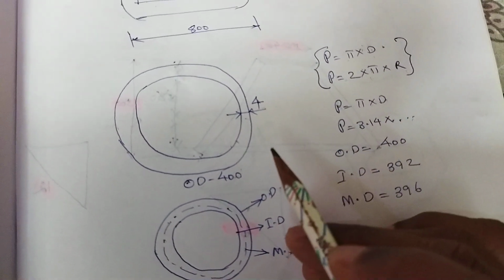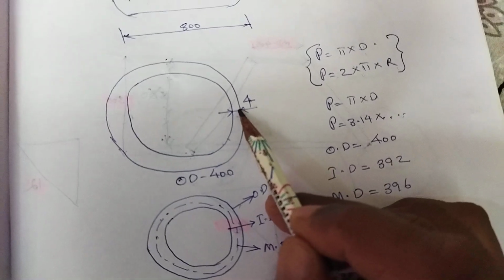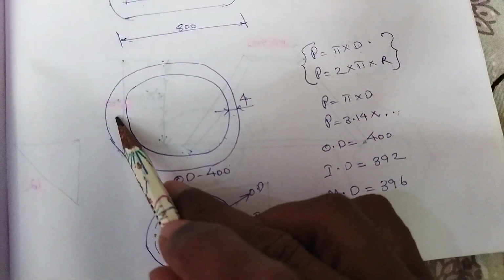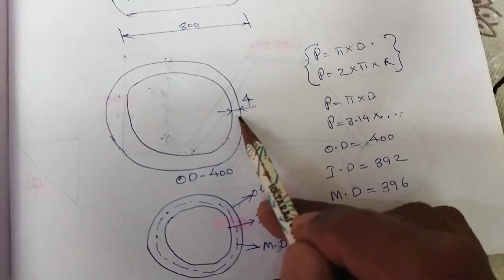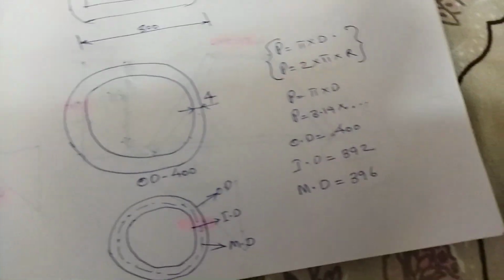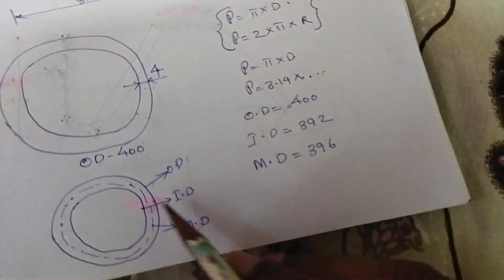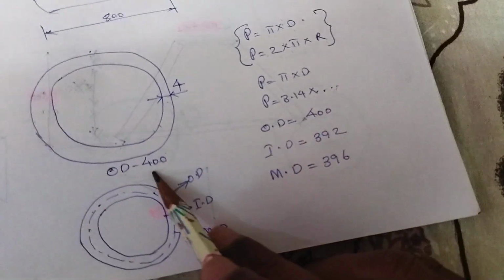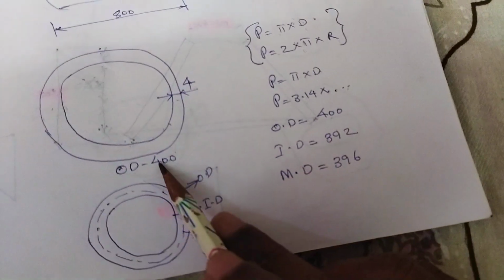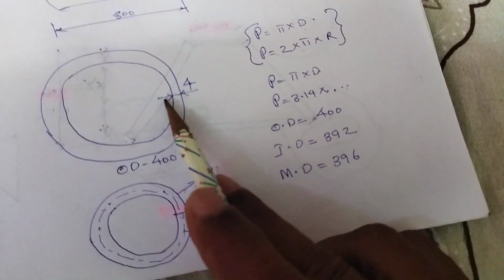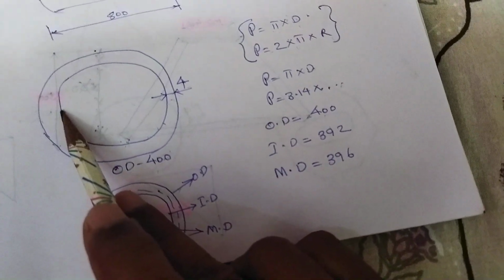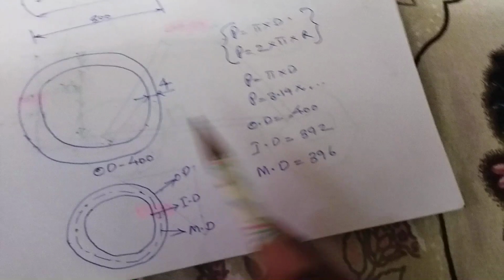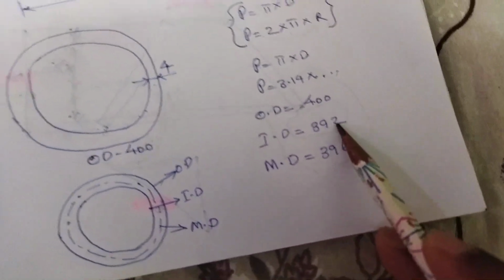We have to decrease 2 mm from here and 2 mm from here. Its OD is 400. For ID, 4 has to be decreased here and 4 here. Just decrease and you will get 392.